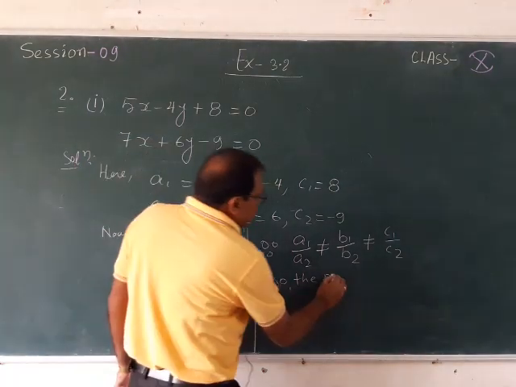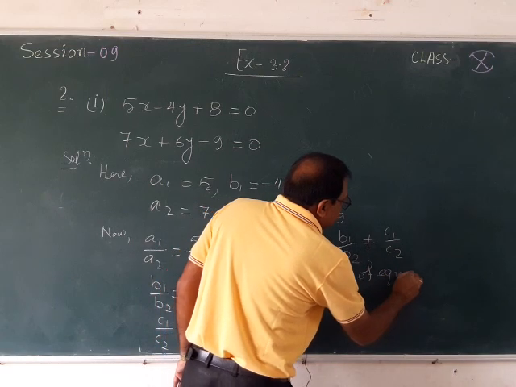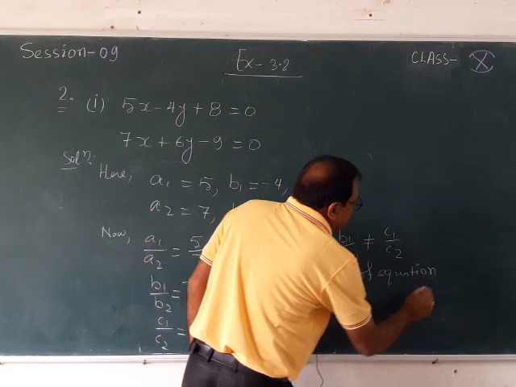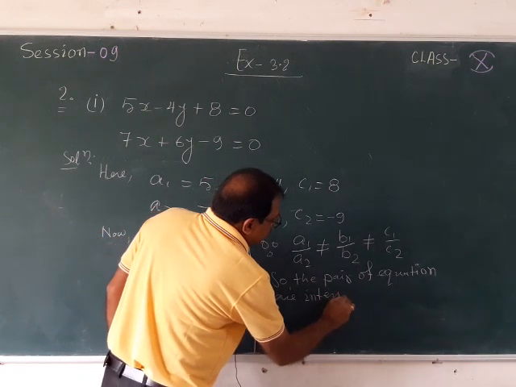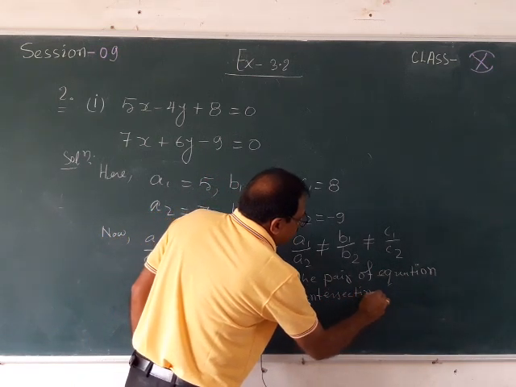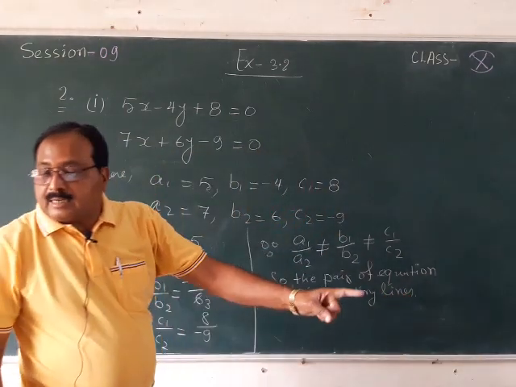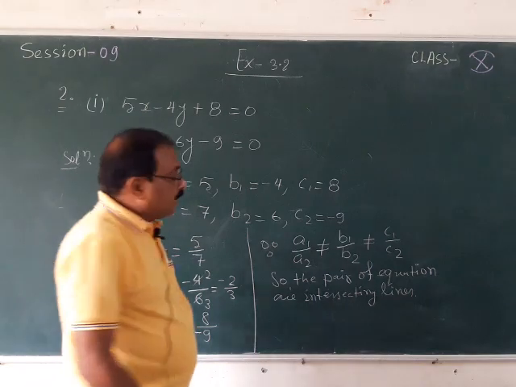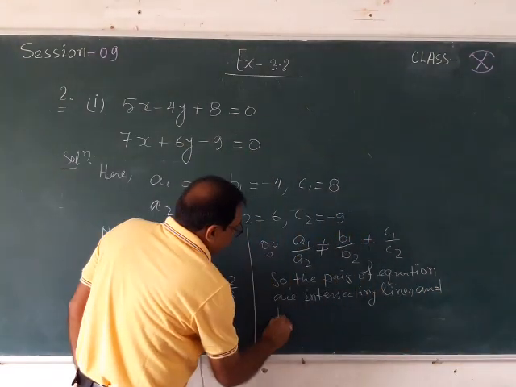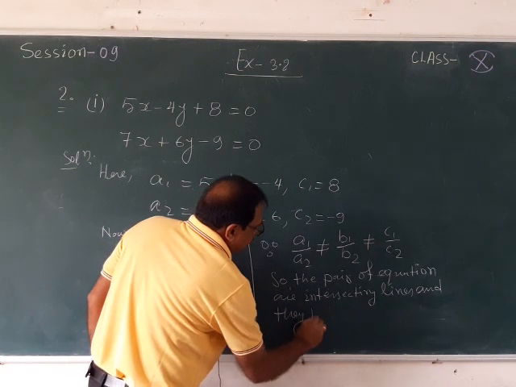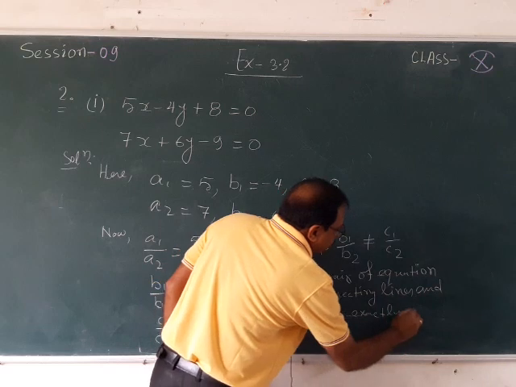So the pair of linear equations are intersecting lines and they have exactly one solution.